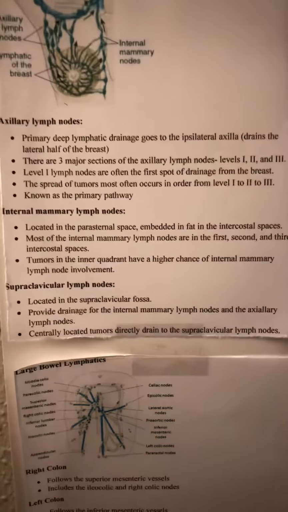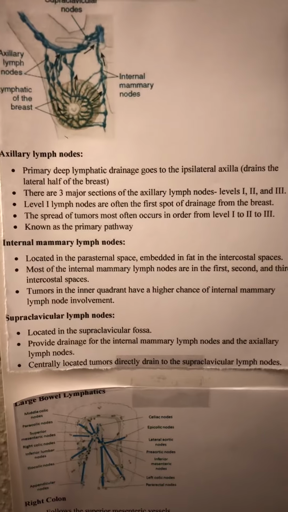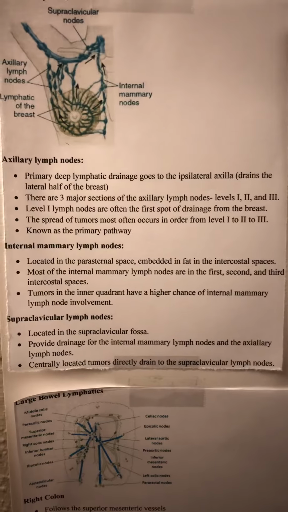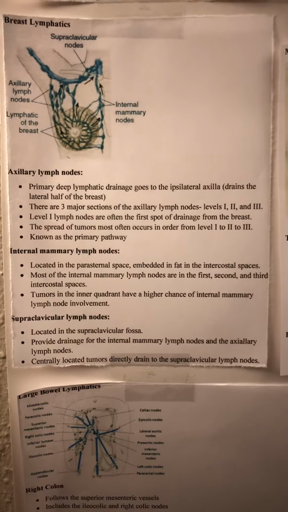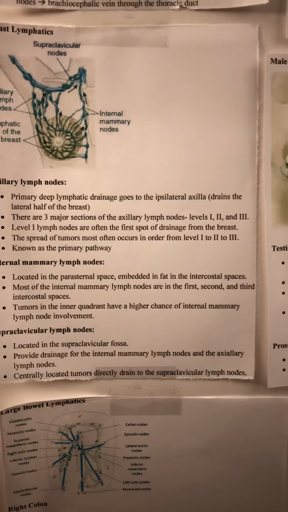And then lastly, we have the supraclavicular lymph nodes, and these are located in the supraclavicular fossa. And this provides drainage for the internal mammary lymph nodes and the axillary lymph nodes. Centrally located tumors directly drain to the supraclavicular lymph nodes.